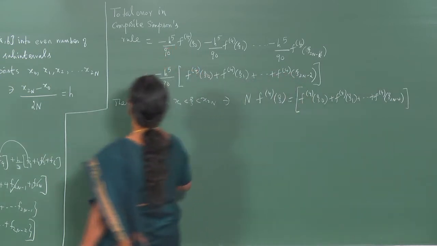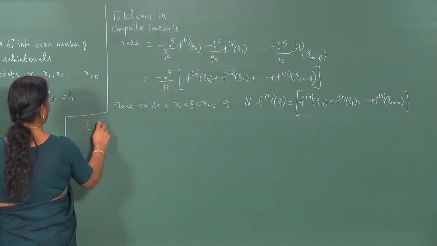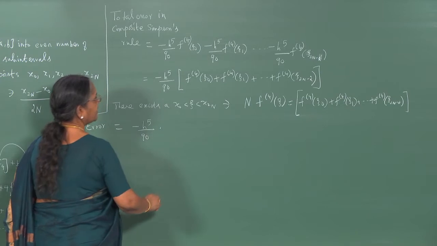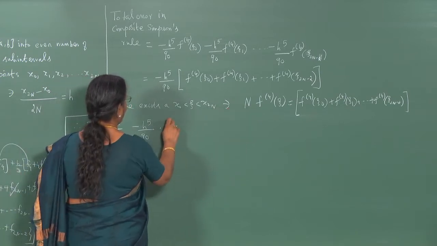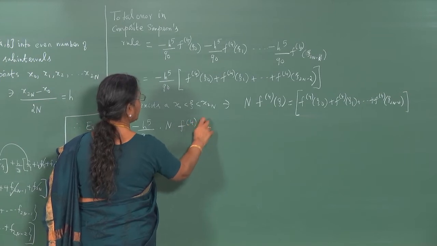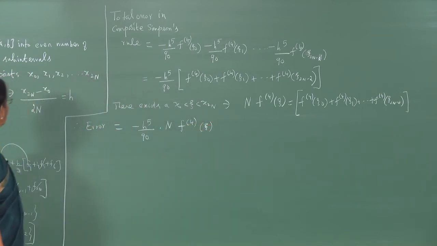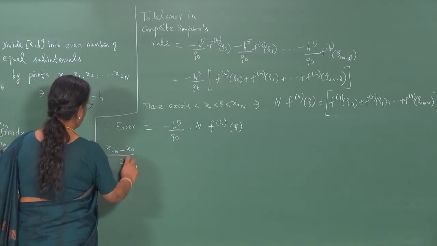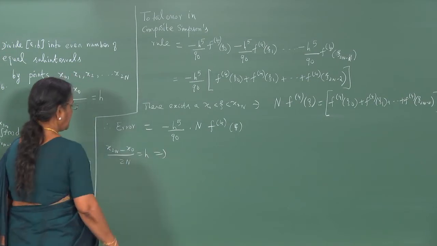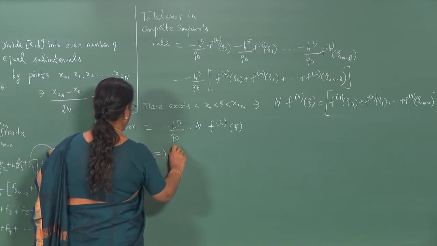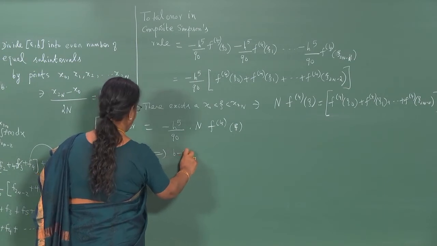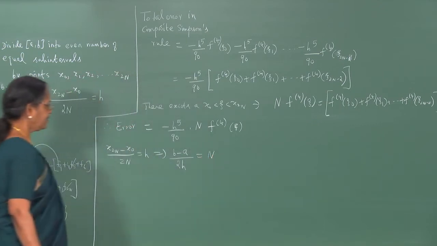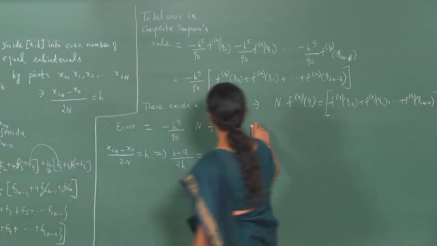So, I can use this and get therefore the error to be equal to minus h power 5 by 90 into N times the fourth derivative at psi. But I know that x 2n minus x naught by 2n is h. So, x 2n is b, x naught is a, divided by 2h is equal to capital N. So, we substitute that here.